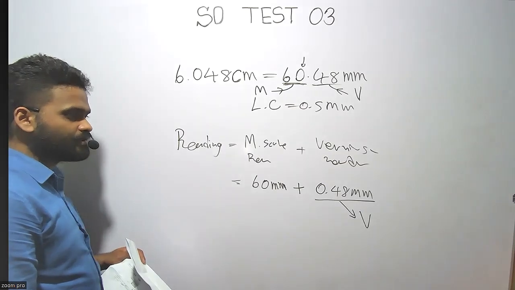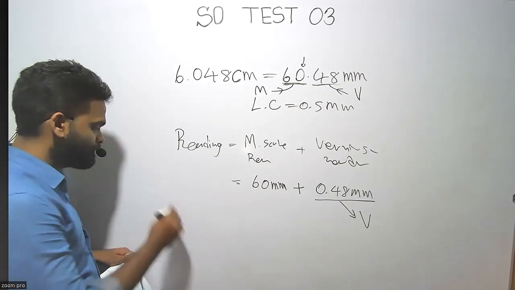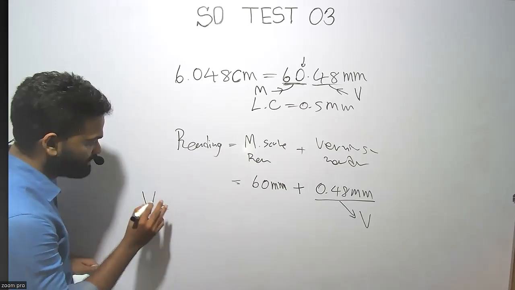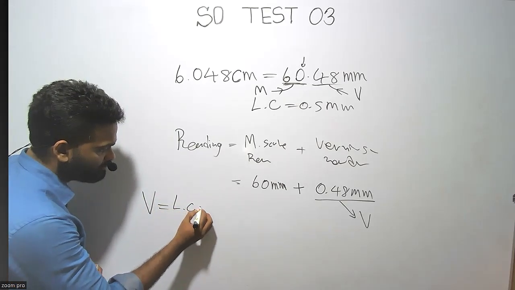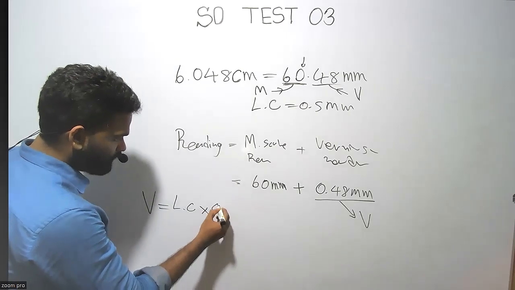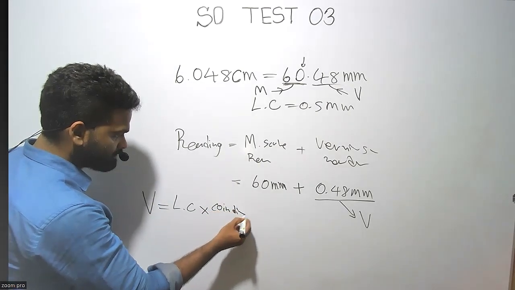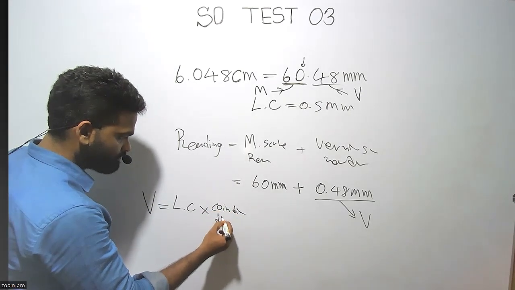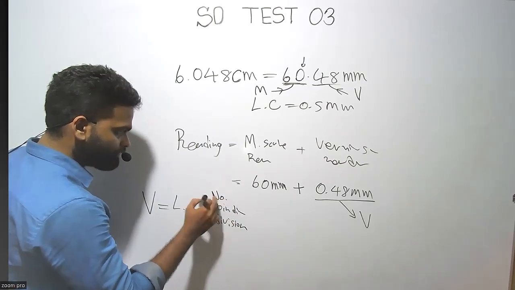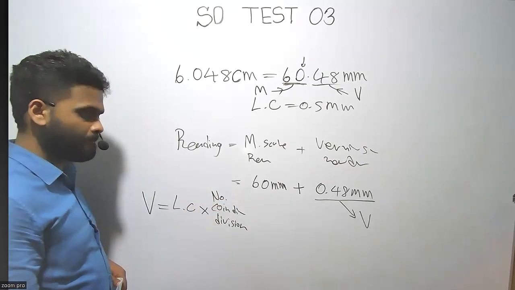So what's the equation to find the vernier scale reading? I'll say V. So vernier scale reading is least count times the number of coinciding divisions in the vernier.